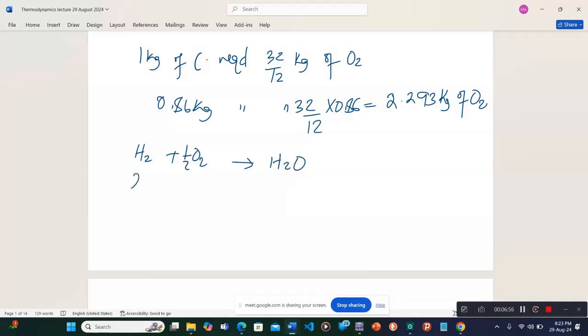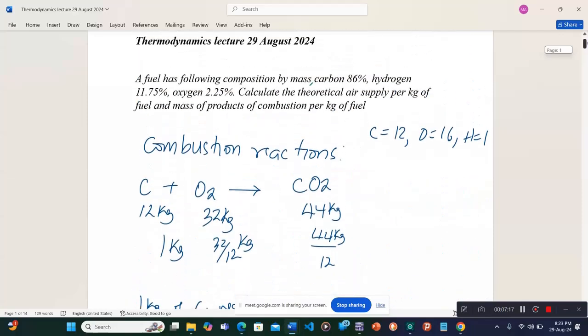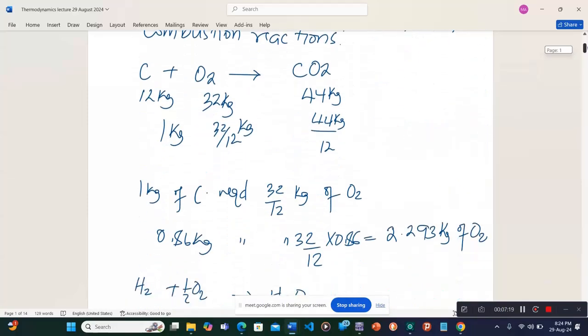So 2 kilograms of hydrogen require 16 kilograms of oxygen to give 18 kilograms of water. So what is the amount of hydrogen available in the fuel? It is 11.75%.